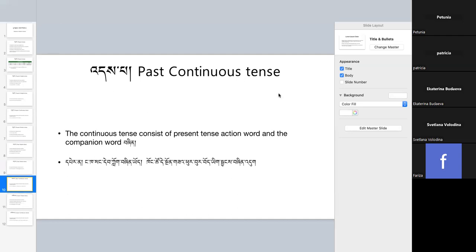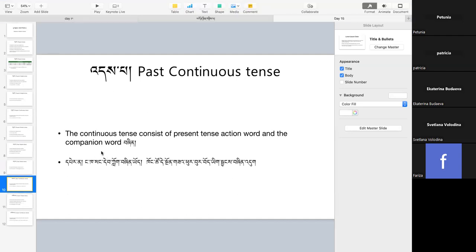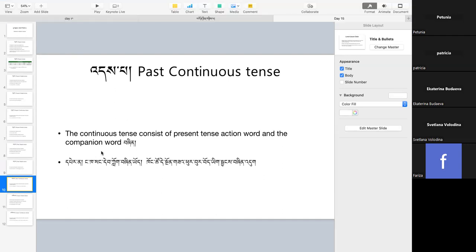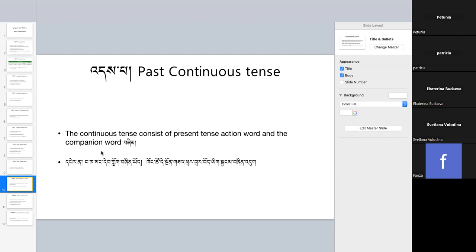Now, past continuous tense. So the past continuous tense will have the past tense action word and the companion word shin. So for the first person, the companion is yö. For the second and third person, it's tuk.